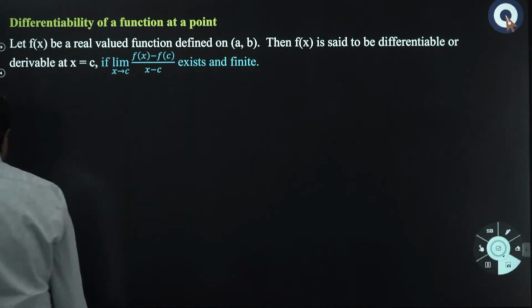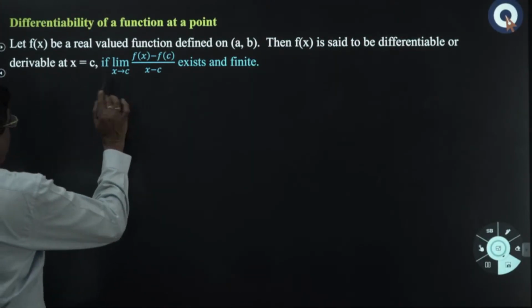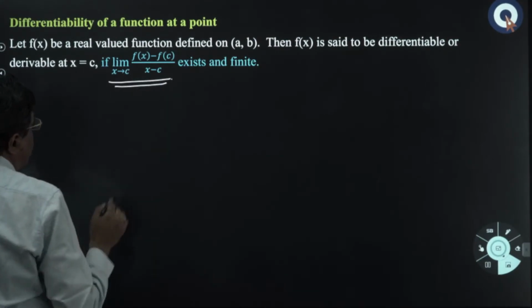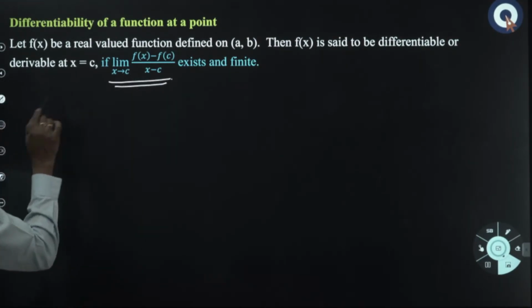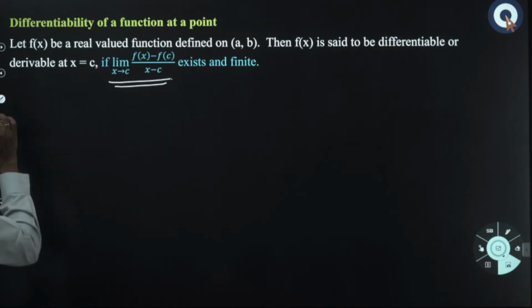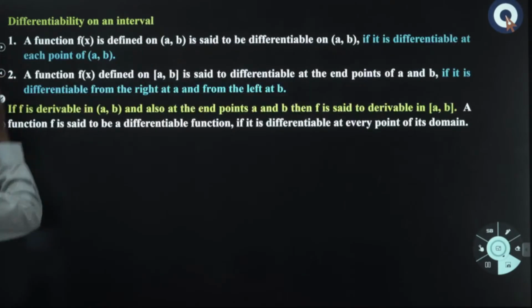So that means when you take the left hand limit, you get the left hand derivative. When you take the right hand limit, you get the right hand derivative, and they should exist, be finite and be equal. Then we say that the function is differentiable.